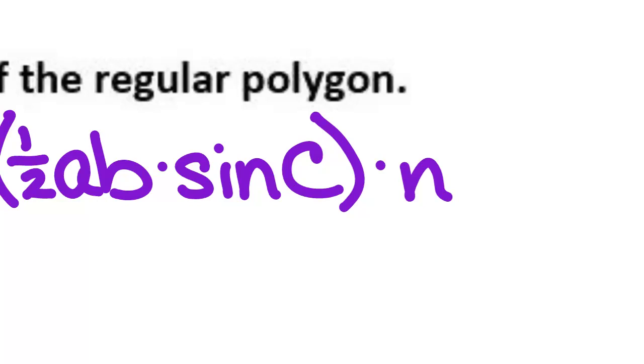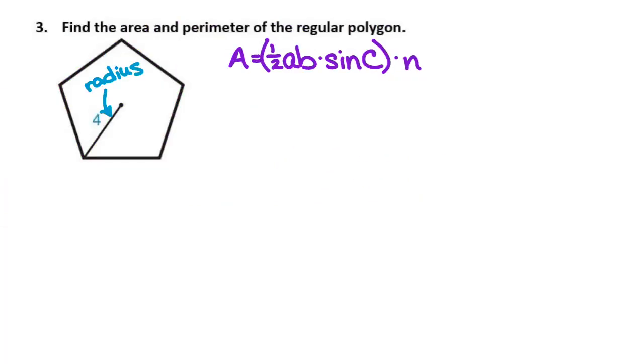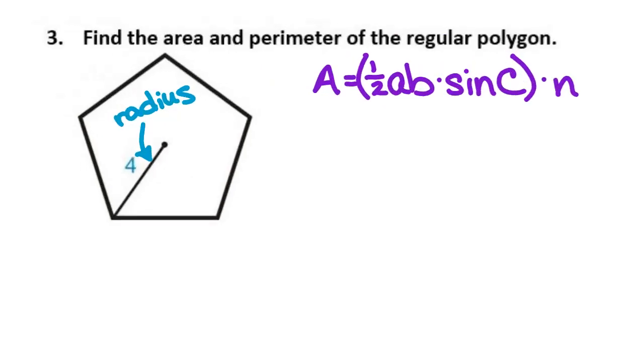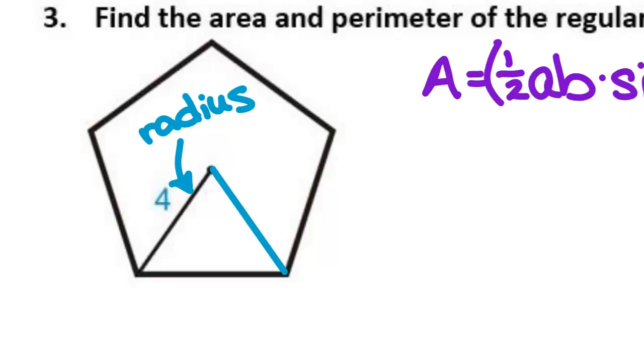If you remember, back on page 4, I showed you that we're going to make a little triangle down here. So the very first thing I'm going to do is draw in another radius so that I create a triangle down here. That 1/2 AB sine C is going to find the area of this triangle. And then we're going to multiply it by the number of sides that we have, because that's how many triangles I could split this shape into.